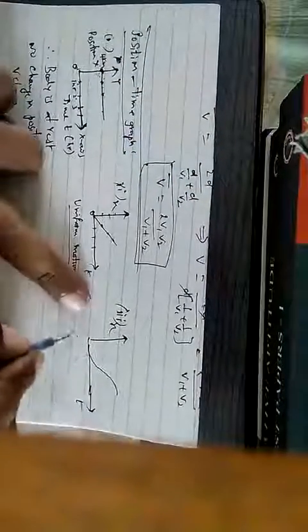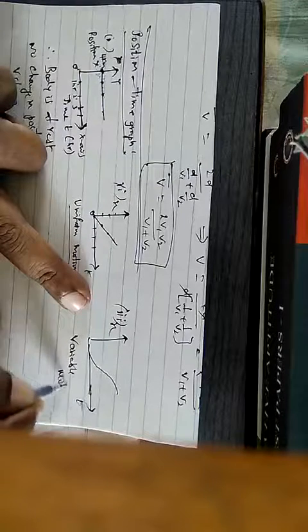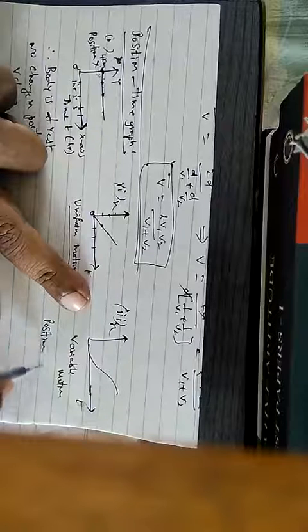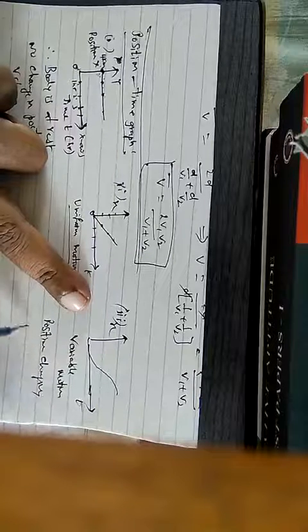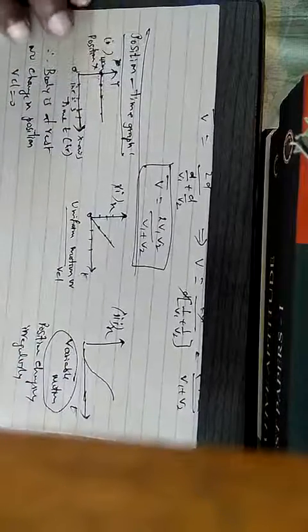It is variable, so it is a variable motion. Why is it variable motion? Position is changing irregularly. Therefore it is a variable motion. So these are the position time graphs we are having here.